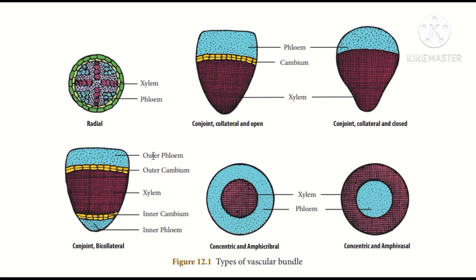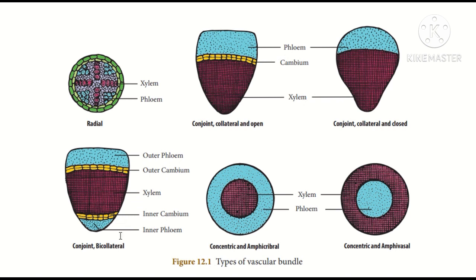And what is bicollateral? Now the phloem will be here. You can see an outer phloem and an inner phloem. Phloem is present on both the sides. That is, in bicollateral, the phloem is present on both the outer and the inner side of the xylem. Xylem is present in the center, and outside the xylem and also inside you can find the phloem.